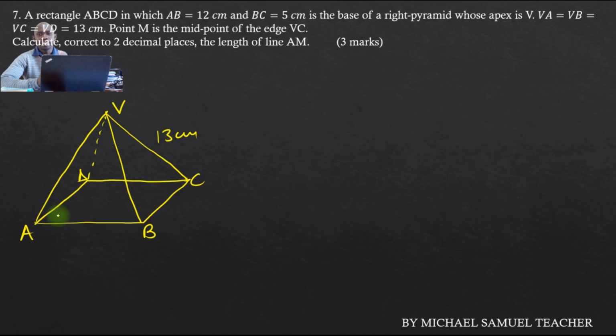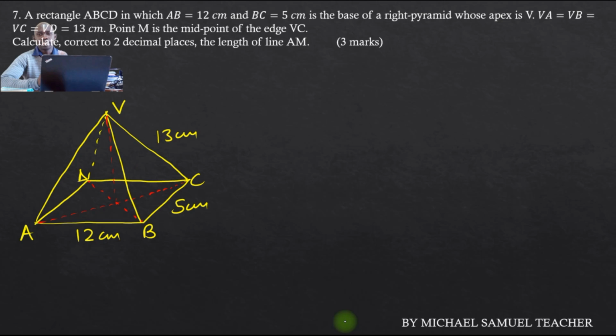Also, AB is 12 centimeter, BC is 5 centimeter. Now we have the dimensions. The other thing I'm going to do is make a dotted line from A to C and also from B to D, and then we have the perpendicular height.